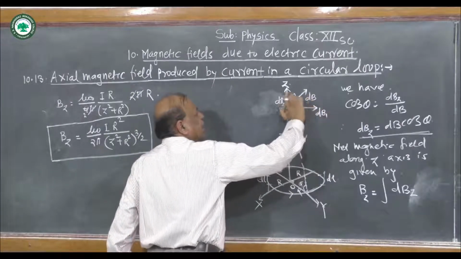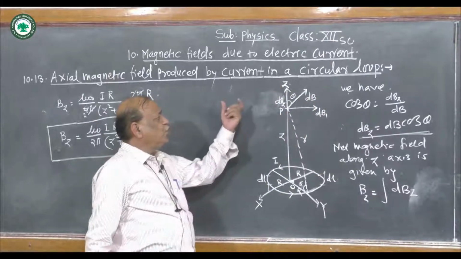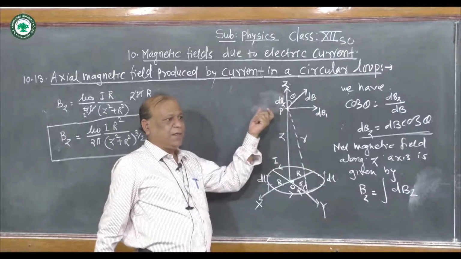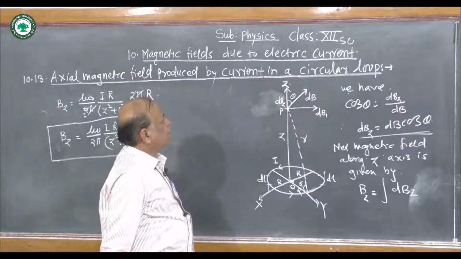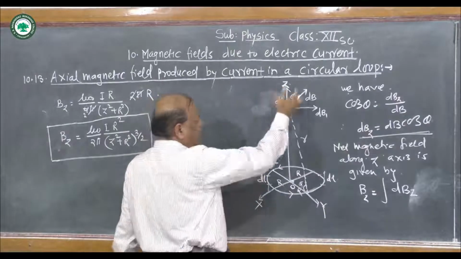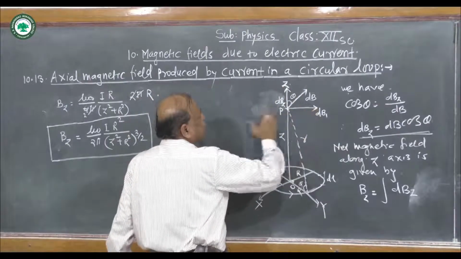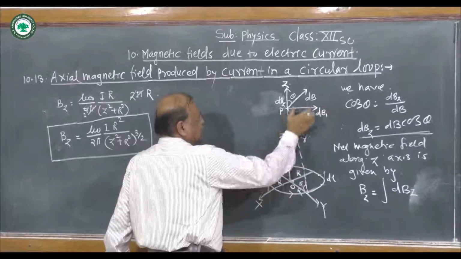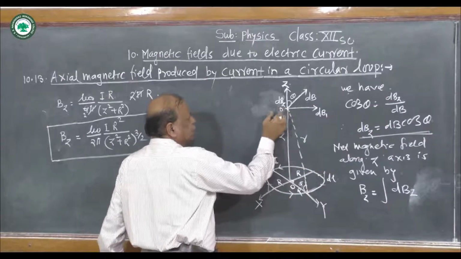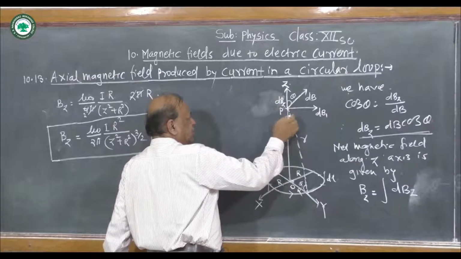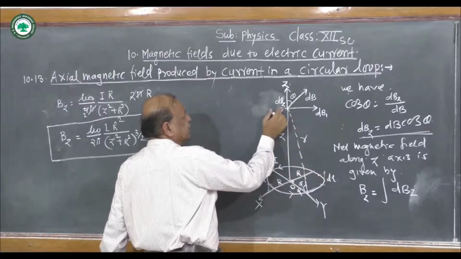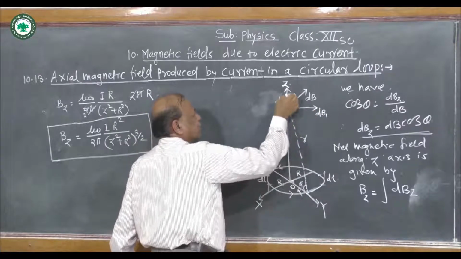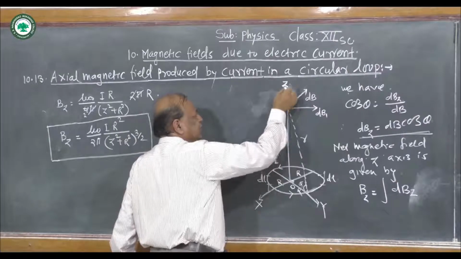This is dB, and this dB is resolved into two components, dB1 and dBz, the sine component and the cos component. The two components due to the opposite elements dl are equal and opposite, so they get cancelled. Only the magnetic field dBz remains.